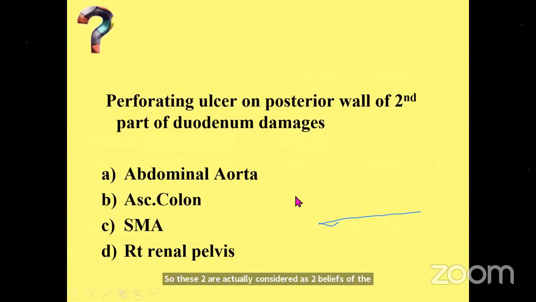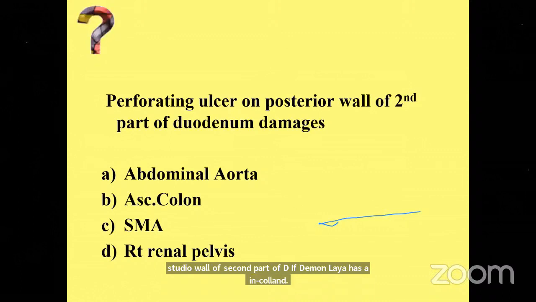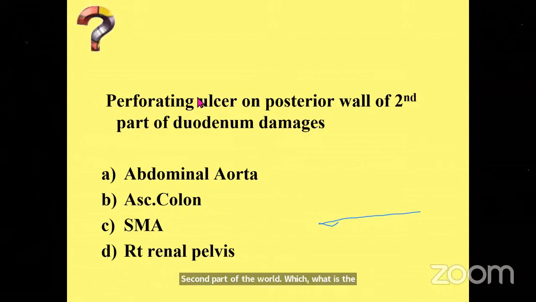The next is: perforating ulcer on the posterior wall of second part of duodenum damages abdominal aorta, ascending colon, superior mesenteric artery, right renal pelvis. Second part of duodenum, what is the posterior relation? Can someone answer it?